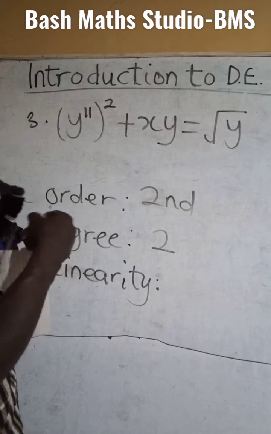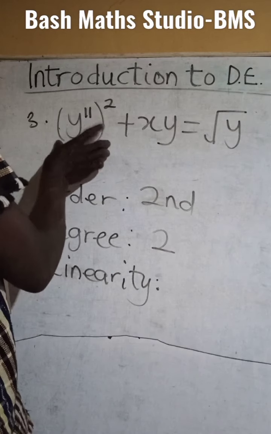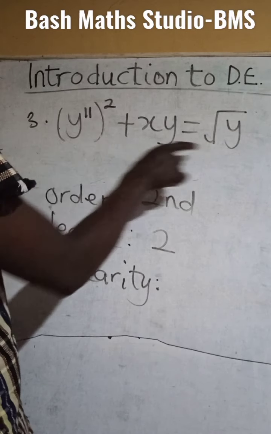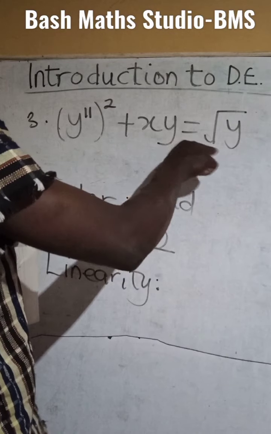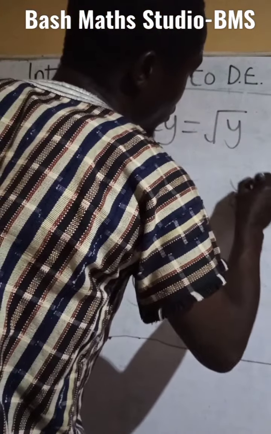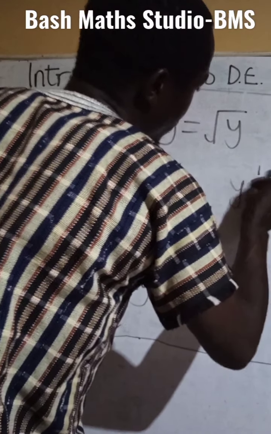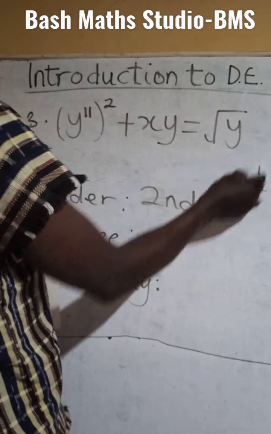Is it linear? This is actually nonlinear, it's clear. We also have y of power not equal to 1. So it's power half, and this power half is not equal to 1.